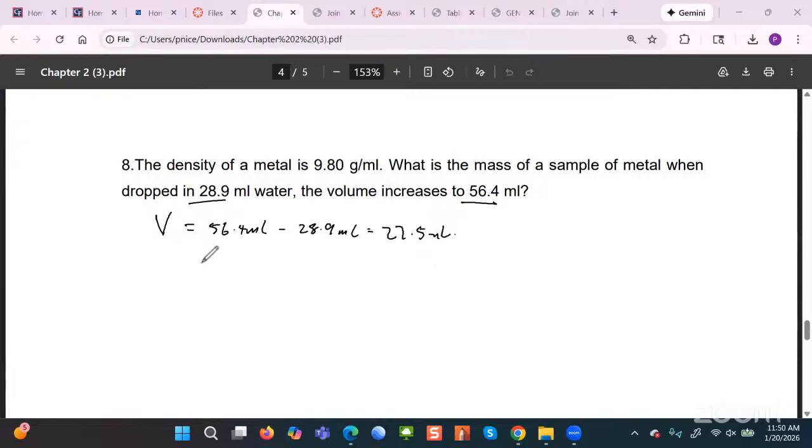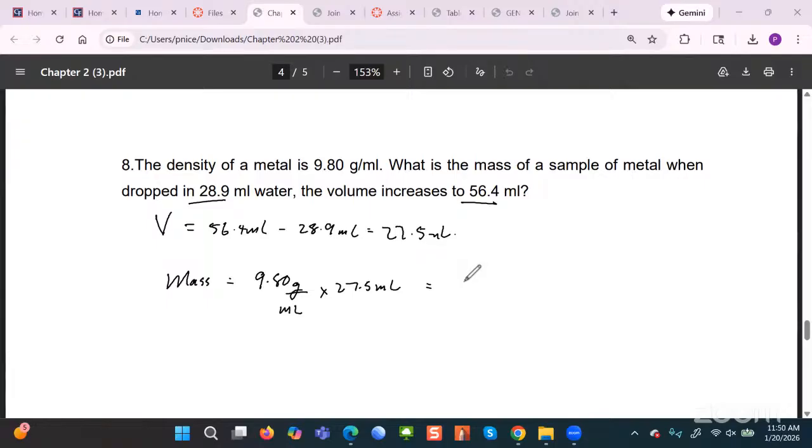Of the metal. So to calculate the mass, we use the same formula that we used before. That will be equal to the density, which is the 9.80 grams per mil multiplied by 27.5 milliliters. And that's it. We multiply that by 9.80. And we have to round off again to, in this case, 3 sig figs.